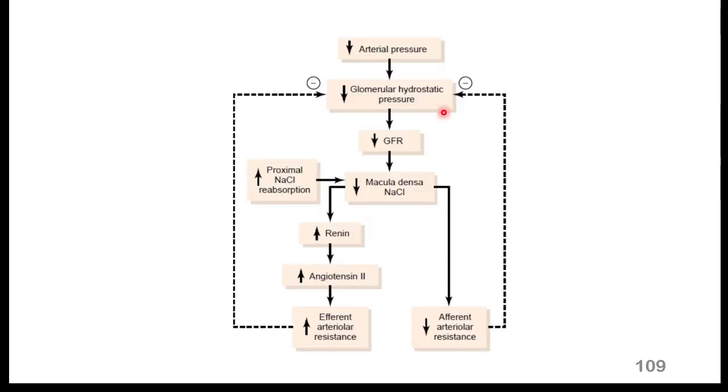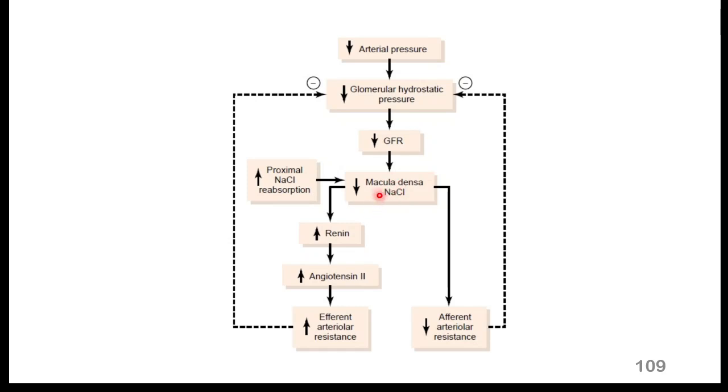Okay, so this is an illustration of what we are talking about. When there's a decrease in renal blood flow, the glomerular hydrostatic pressure will also decrease, and thus there will be a decrease in GFR. When the GFR decreases, it means that there will be more reabsorption of sodium chloride.